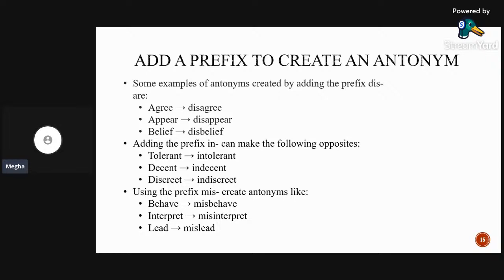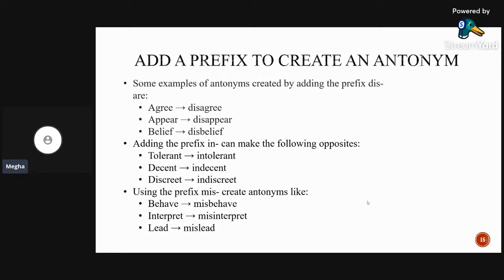Yes, understand, misunderstand. Correct. Appropriate, misappropriate.